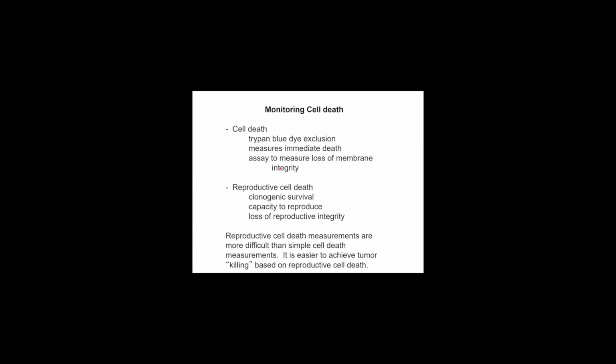But a second way of being able to measure cell death is more tedious, but it relates to cell death in a different way. And that's using reproductive cell death as a measure, which some people call clonogenic survival, clonogenic assay, cell survival curves, capacity to reproduce, or, in the opposite, the loss of reproductive integrity. Now, what are we measuring when we measure reproductive cell death?